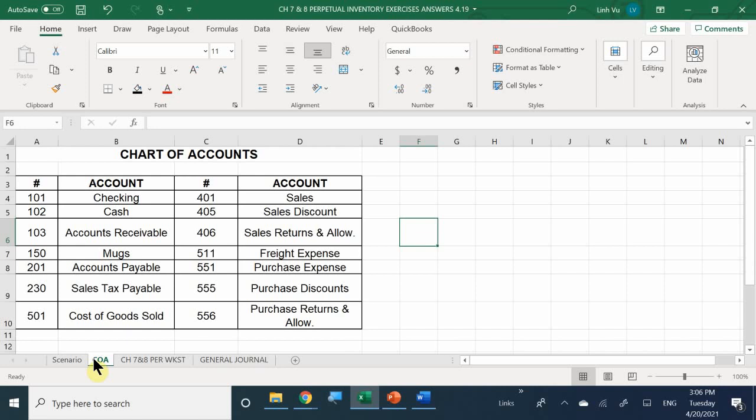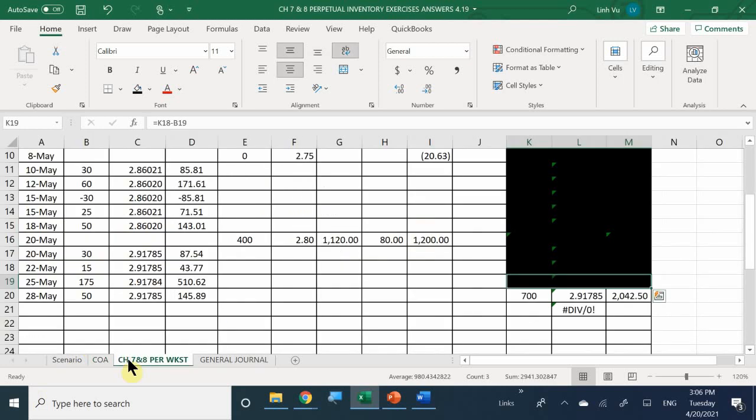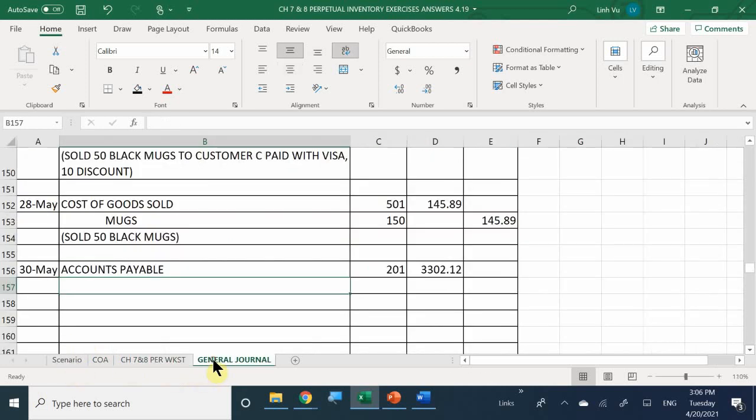Inventory. So in this case, we're using mugs. So I'm going to be crediting my mugs because I'm taking the discount out directly from my mugs. If you remember from chapter 7, any returns, allowances, or discounts are going to be taken directly out of inventory.